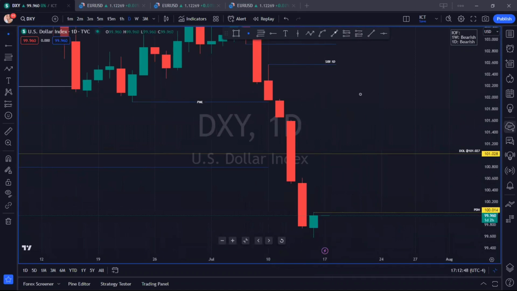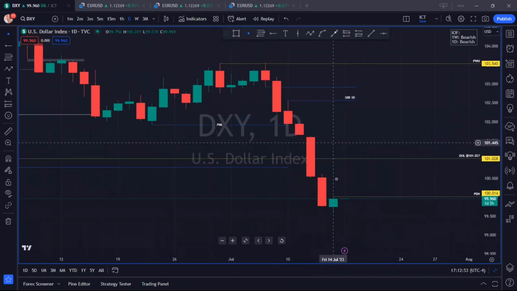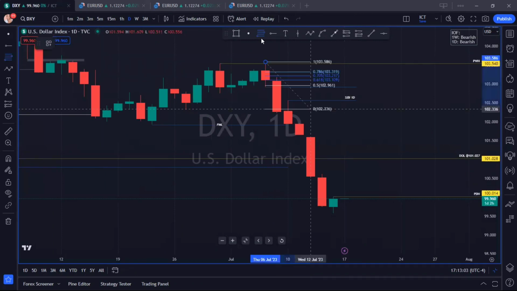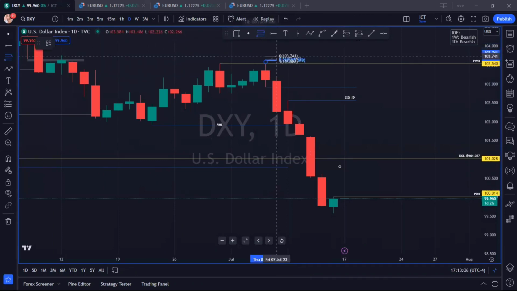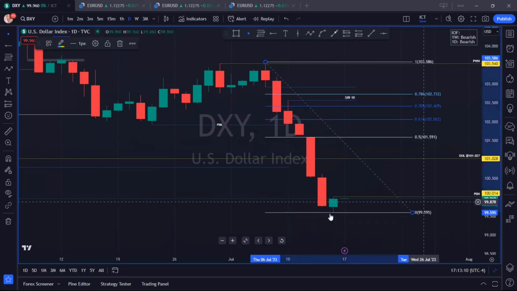Then where do you think I will stop selling? It's very, very simple. Once this high is taken and Monday closes as a swing point, this range is defined already. So I will draw my fib level from the recent high to the low. But this low is not yet valid until a swing low is formed.